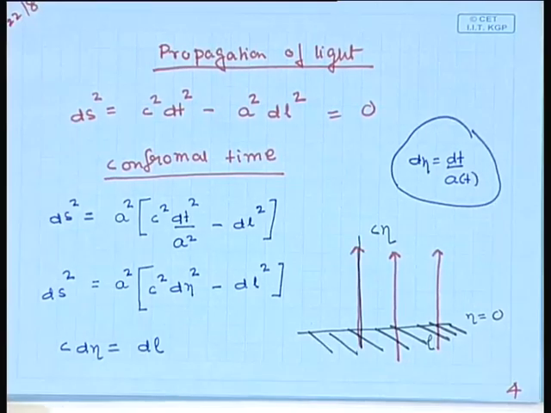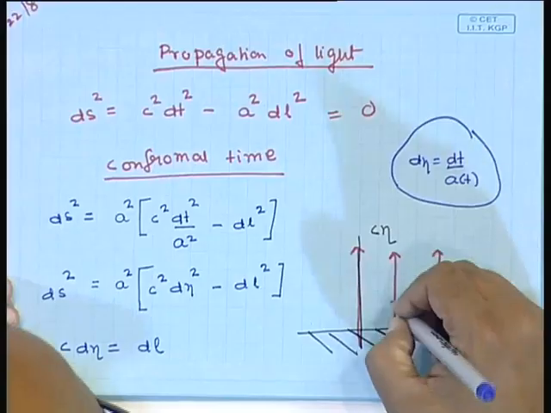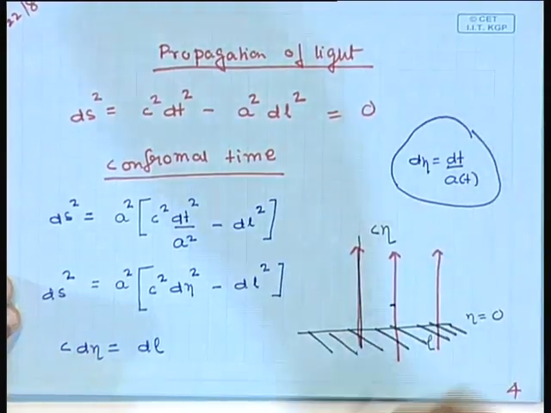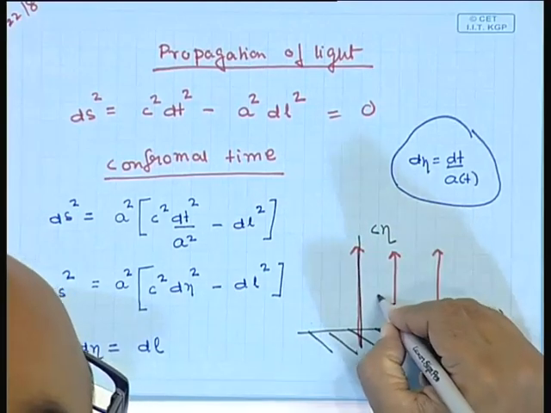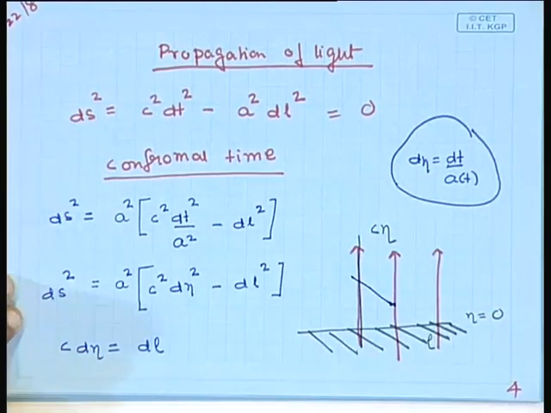Okay. And in this diagram, suppose a distant galaxy emits a light photon and we are receiving it now. In this diagram that will be like this. This is the light emitted from the galaxy. It will travel at 45 degrees and reach the observer here.